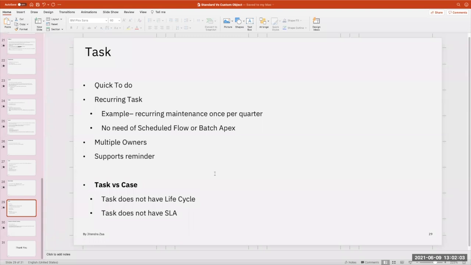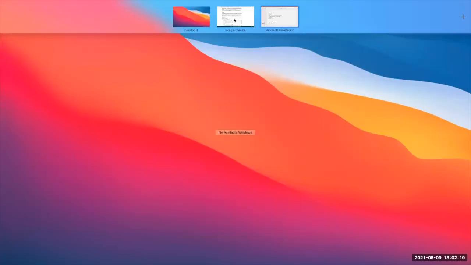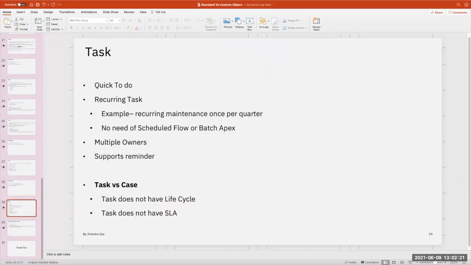In the beginning of the year, I'm doing the calculation of distributing the tasks over the year, or whatever, if it's a work order or any other custom object, to execute that maintenance over the year. But in the beginning of the year, I probably will not know who the owner will be for that.